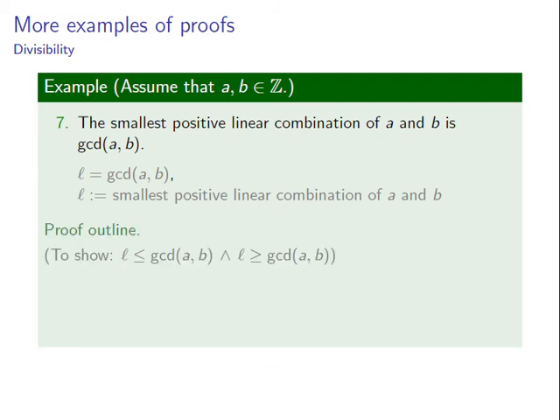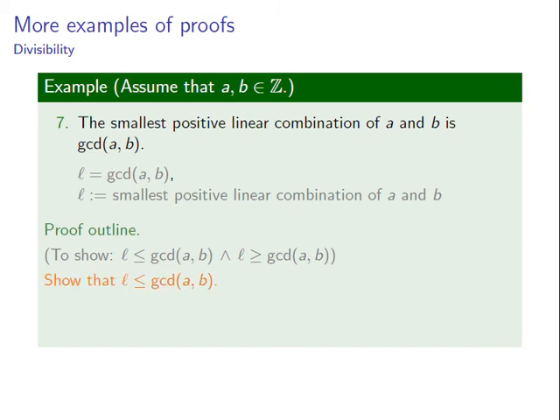The claim is therefore equivalent to the statement L is less than or equal to GCD of A and B, and L is greater than or equal to GCD of A and B. Hence, our proof will consist of two parts.